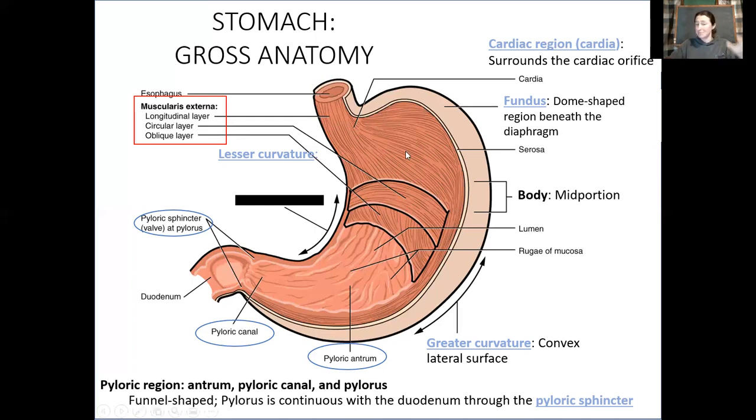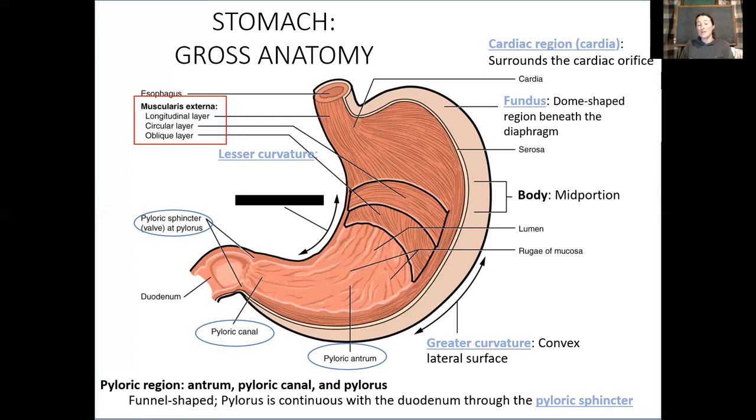Essentially, the stomach is not only pushing food along via peristalsis and segmentation, it's also a storage organ. Generally, the oral cavity, the esophagus, the small intestine, all of these organs are slowly but surely pushing food along. Food is never really supposed to be sitting in any one place for hours at a time. So they only need two layers, but in the stomach, we store food sometimes hours and hours at a time.